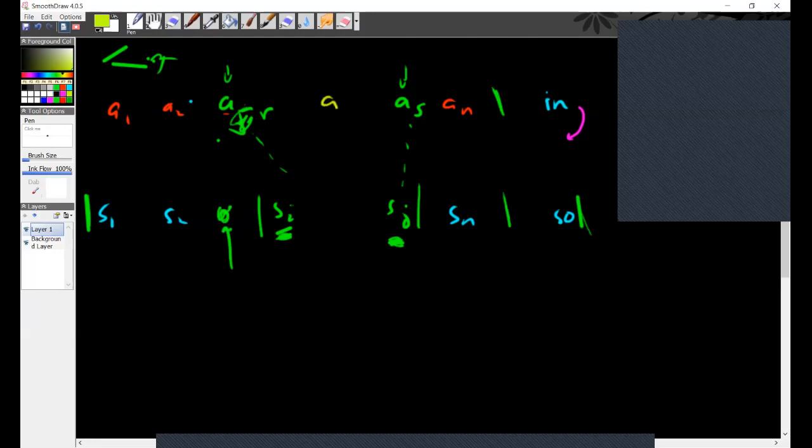That's fine. Okay, I pick this guy as a pivot. It's the same as saying I pick this guy as a pivot on the input array. Then I'm going to partition based on this. When I partition based on this, SI and SJ are going to be on the other side.